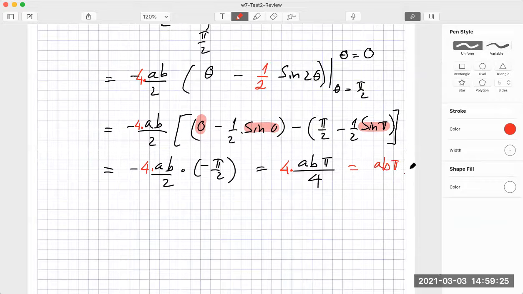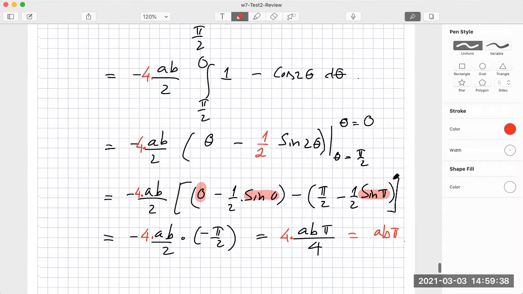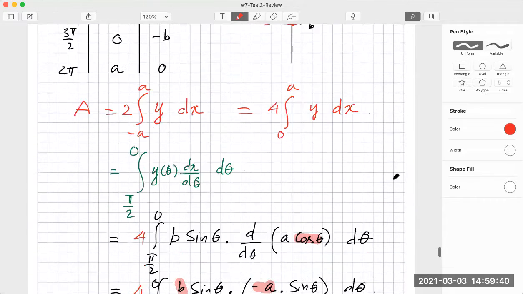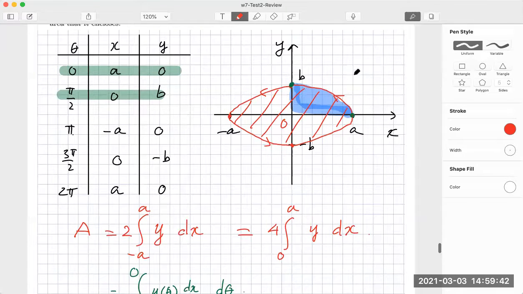That's it. So the area of an ellipse is given by A times B times pi. Does it make sense? Look at this, the area after computing it would be A times B times pi.